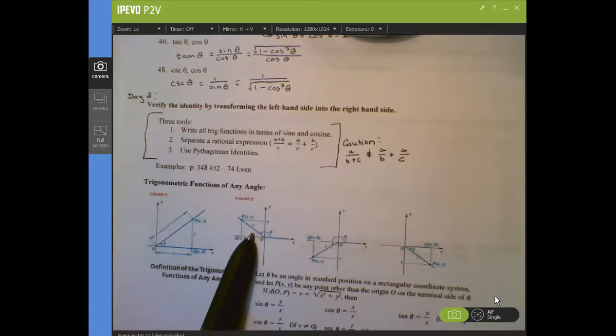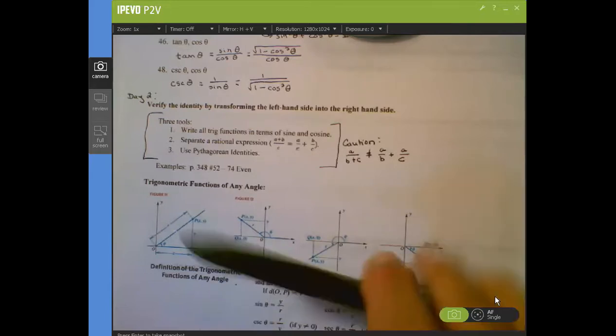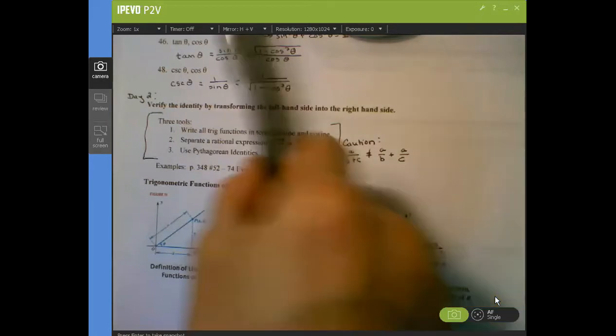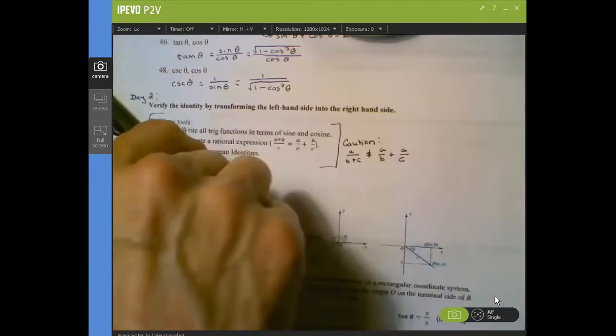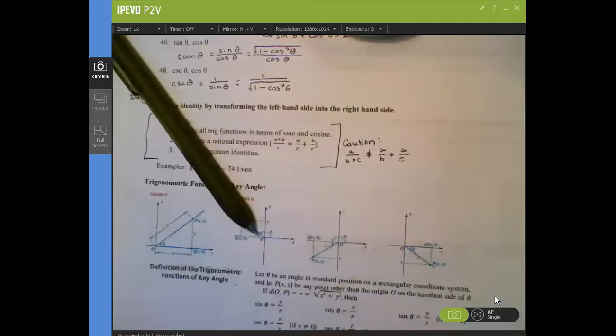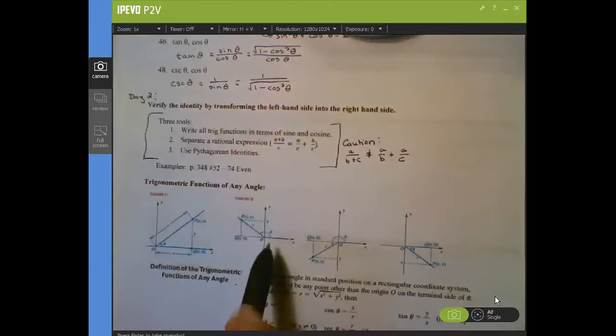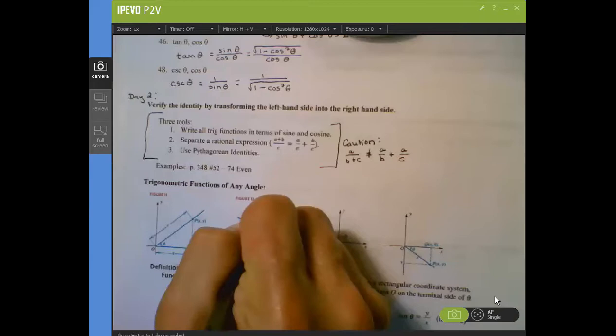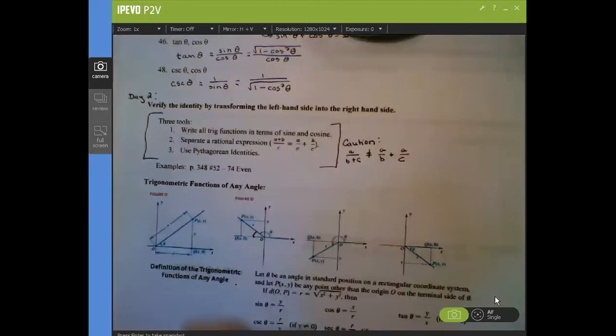And if I started in standard position and rotated to that terminal side, then actually this is angle theta, but they call this the reference angle for theta. I don't know why they don't put it in this section, they put it in the next section.